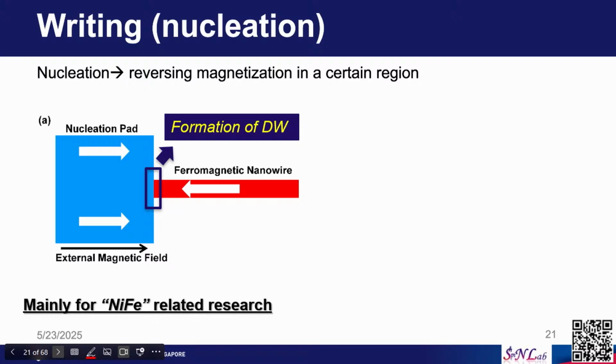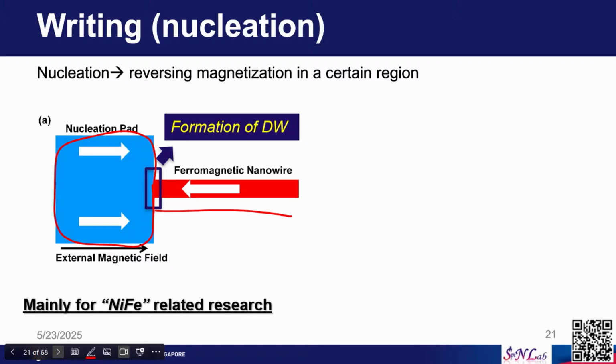Okay, so how do we write domains? When I introduced the domain wall, I told you that we can use an electromagnet to create a domain, but since the earlier proposal, people have studied various mechanisms of writing domains. One approach is, let us say this is the ferromagnetic nanowire, and this nanowire is part of a larger pad.